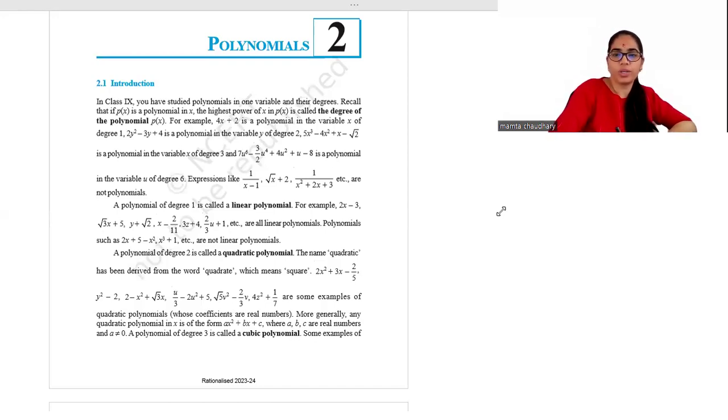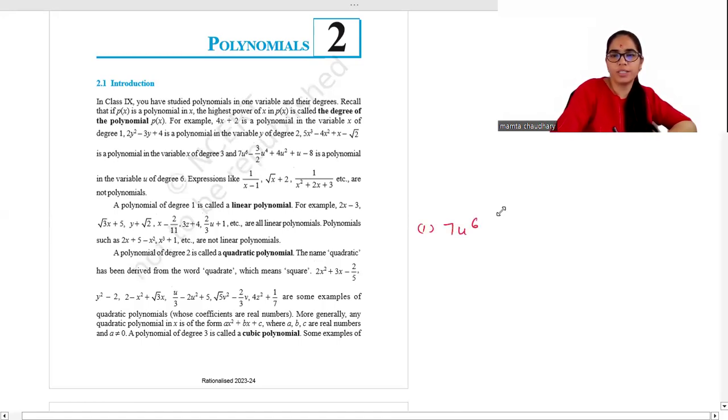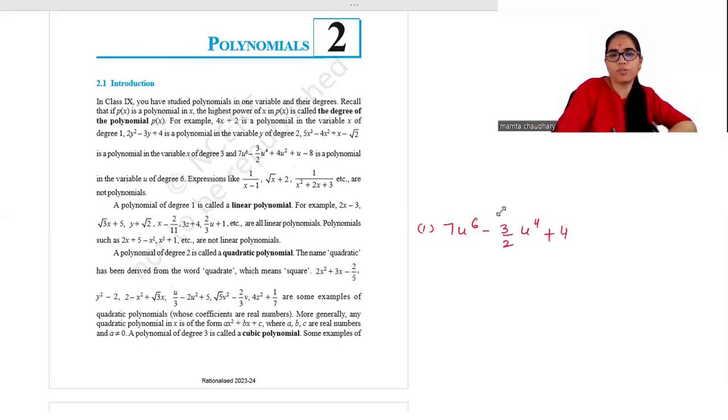Okay. So here I'm writing, first is 7u raised to power 6 minus 3 by 2 u raised to power 4 plus 4u square plus u minus 8. Second, I'm writing 1 upon x minus 1. Third, root of x plus 2.